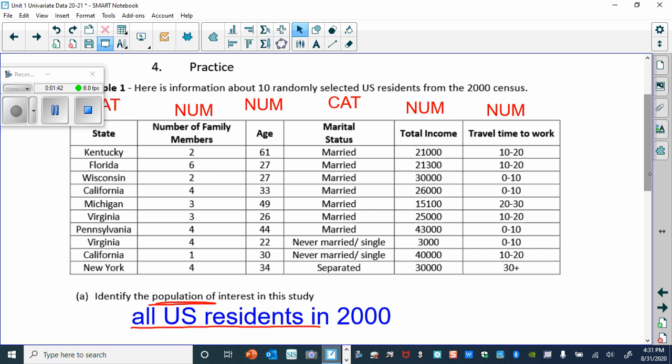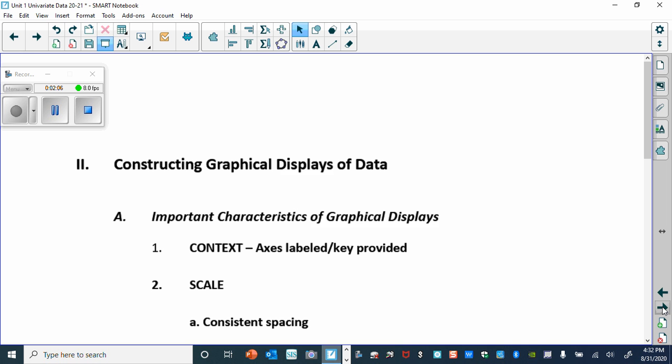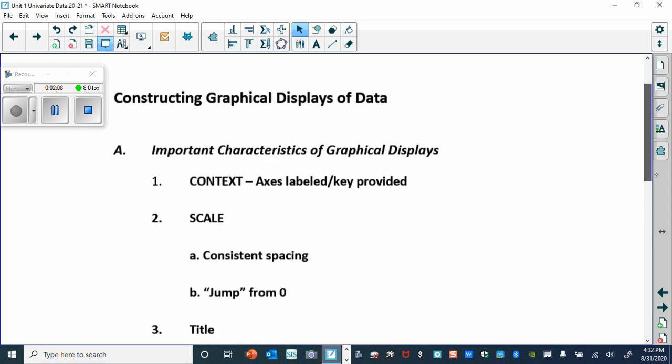So it looks like the youngest person on here is 22. And it looks like the oldest person on here is 61. Okay. And so I got to make sure that my groups go as low or lower than 22 and go as high or higher than 61. And I like to use kind of round numbers with my groups. And so I'm going to group these in tens, okay?